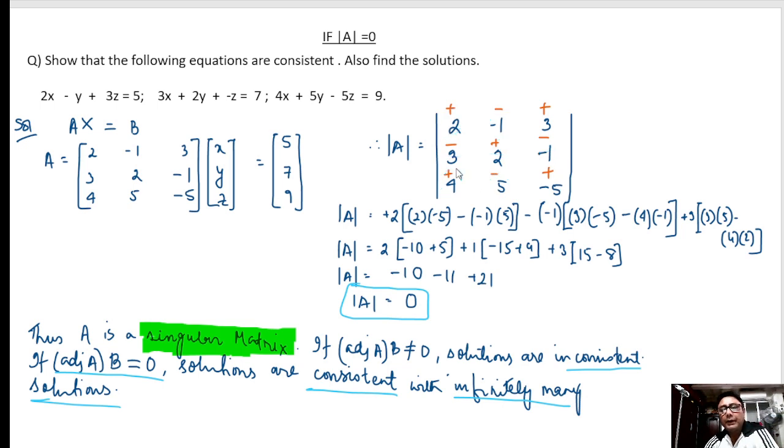If you want to find the cofactor of this, you have to take this part, these four. If you want to find the cofactor of this part, you cannot take this row and this column. You have to choose this, this, this and this. And finally, if you want to find the cofactor of this, you cannot take this column and this row. You have to take this part.